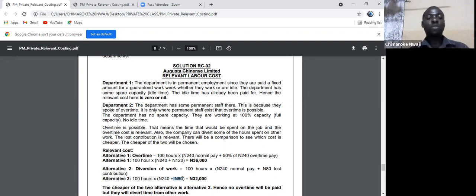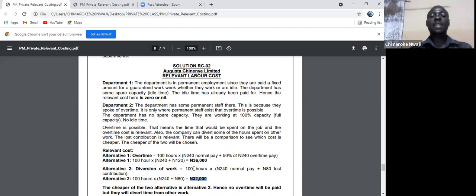So you're going to pay them the 240 plus you're going to add the lost contribution of 80 naira. So it means that you're going to be paying them how much? 320. So 320 naira multiplied by 100 gives you 32,000.